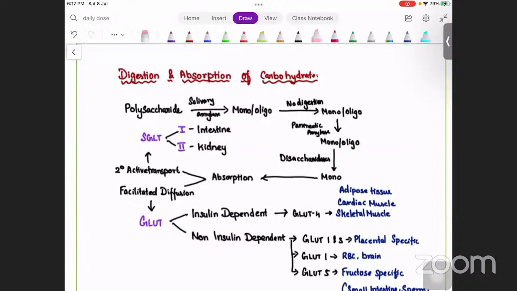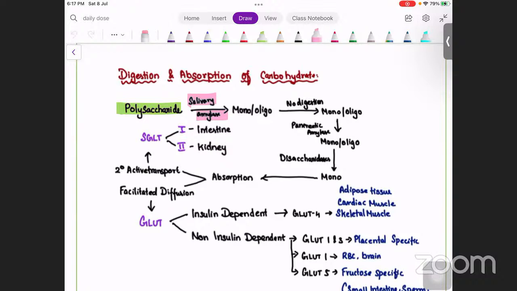Speaking about the digestion and absorption of carbohydrate, one is the polysaccharide. Whatever carbohydrates we are taking are in the form of polysaccharide. So it goes into your mouth, and then you have the salivary amylase or ptyalin, which can break that polysaccharide into mono and oligosaccharides.